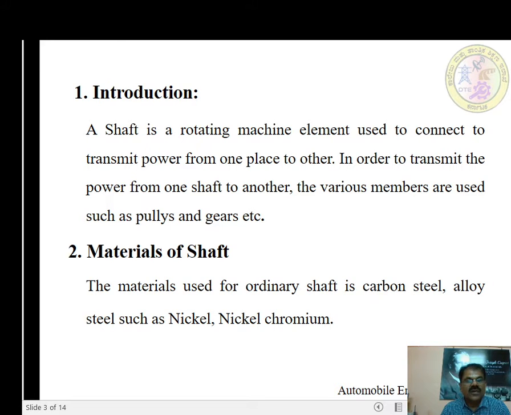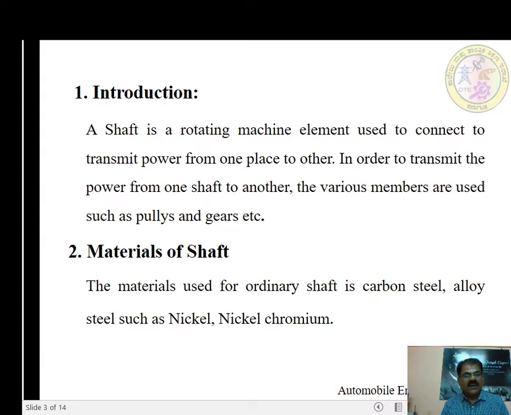In order to transmit the power from one shaft to another, various members are involved, such as pulleys and gears. So this is about the shaft.